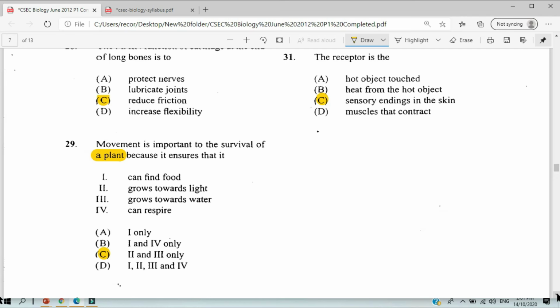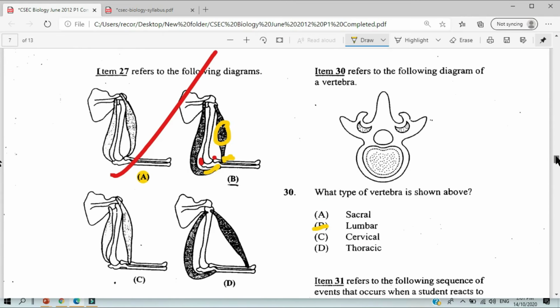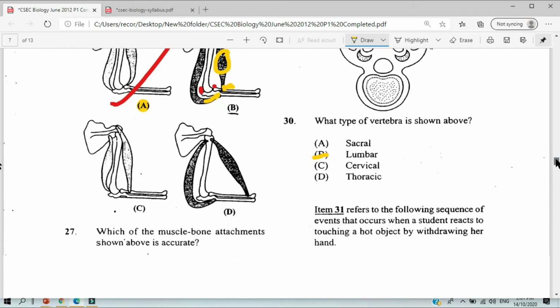The answer there is C. The plant would need movement in order to reach the sunlight and to get water. Alright, so we move on now to question number 30. Which type of vertebra is shown above? It is the lumbar, and you can find this diagram in your textbook.